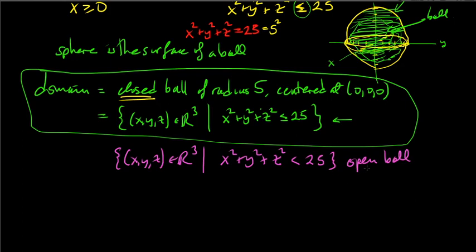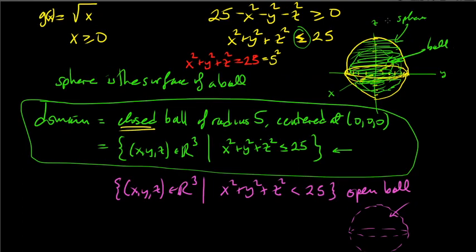So open ball just means it includes the solid part, but not the surface. You're essentially just peeling off the outer layer, the surface. So there is no surface of the ball, there's just what's inside the ball. So we refer to that as the open ball if it does not include the surface.